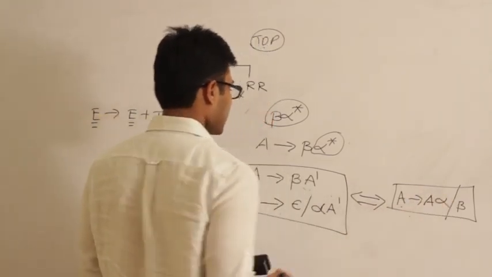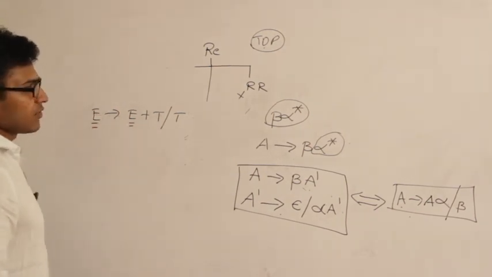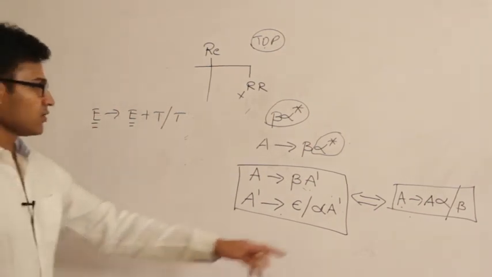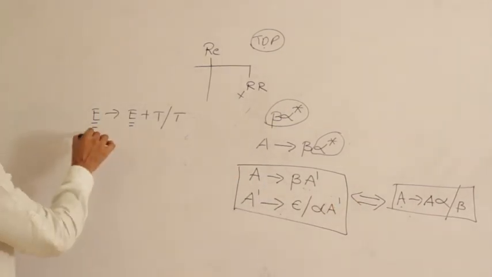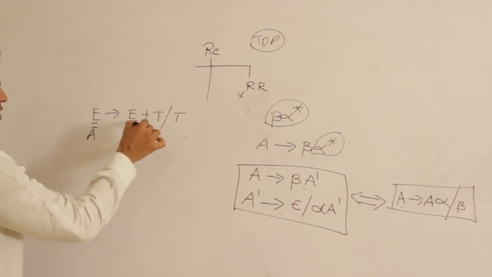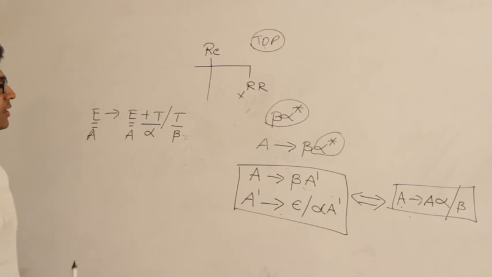So what is A and what is alpha and what is beta? If you can identify it, you can directly substitute it here, isn't it? So in this one, A is nothing but E, and alpha is nothing but plus T, and beta is nothing but T, right?